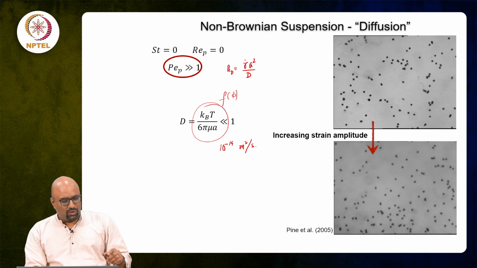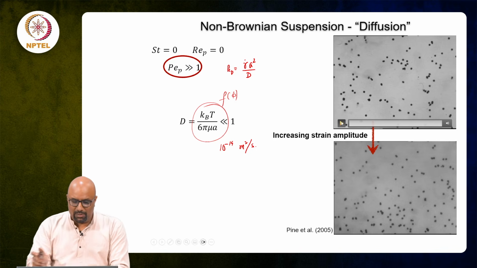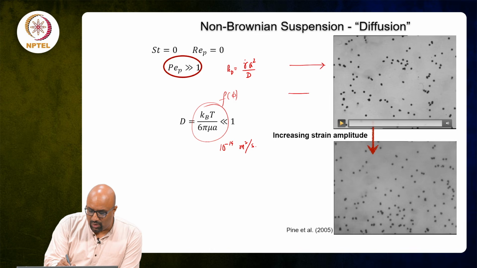So, on the right, what you are seeing here are a set of experiments, again done for particles for which diffusivity is very low, the Peclet number is significantly high, and the experiment that you are doing is what is known as an oscillatory shear experiment.